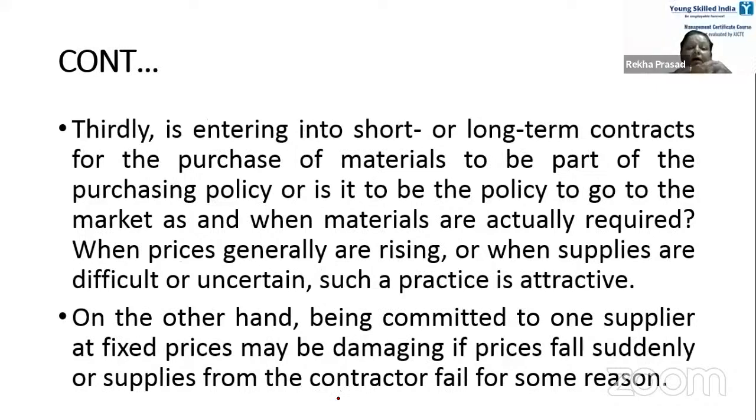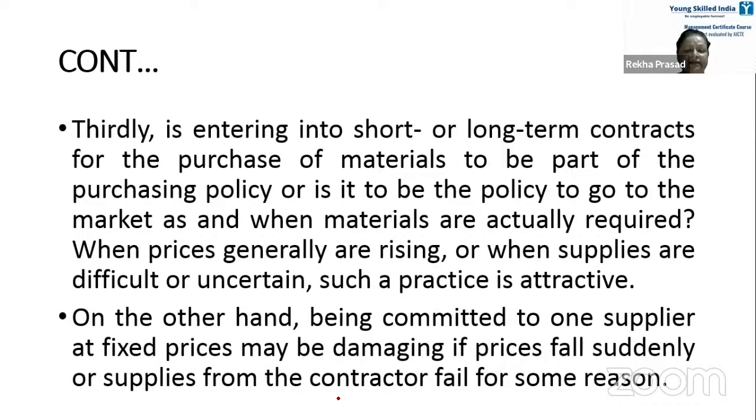Then what type of contract you want to make with the supplier, whether it has to be a long-term contract or a short-term contract. That policy has to be very clear. Because there's so much variation and disparity in the marketplace, the organization may not want to make a long-term contract with the supplier, because they'll have to keep on buying from the same supplier year after year.